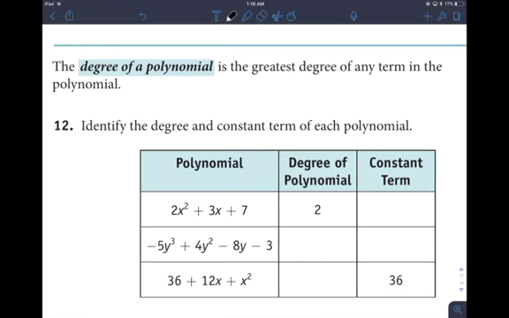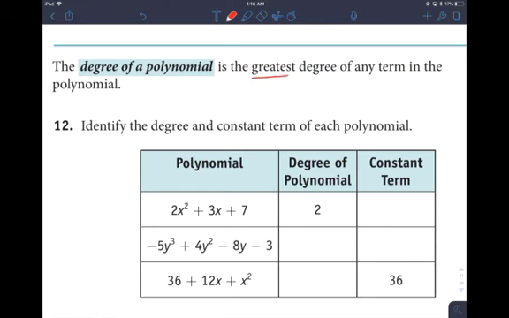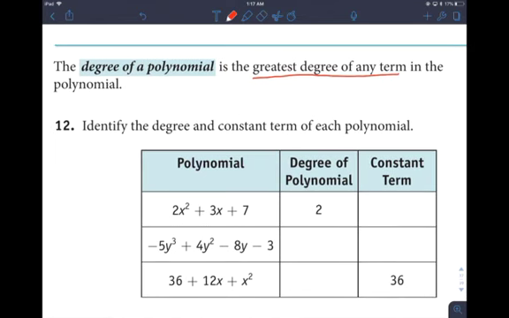The degree of a polynomial is the greatest degree of any term. So again, what is a term? Terms are what make up a polynomial. So in this case, we have 1, 2, 3 terms. So this polynomial has 3 terms.